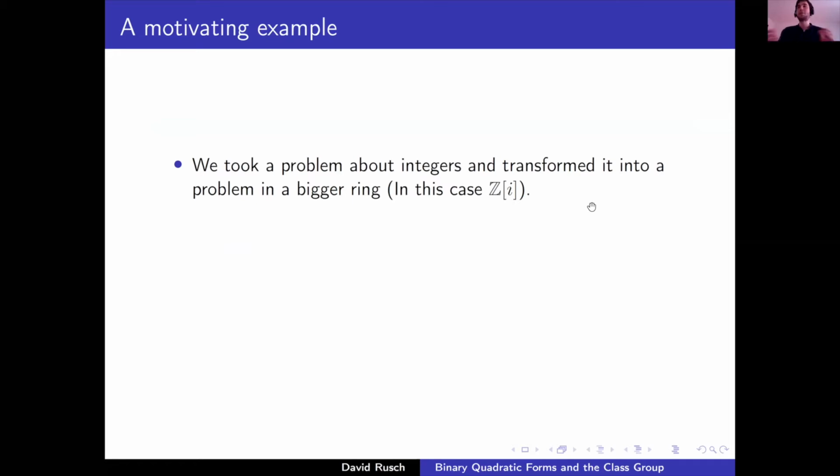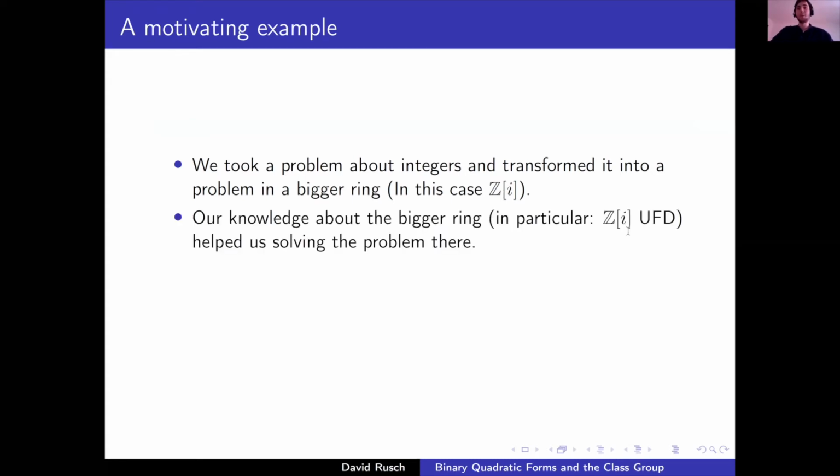Because we could factor some expressions we couldn't factor in Z. And then we knew that Z[i] is a UFD, so we have some knowledge about the bigger ring, and this knowledge helped significantly to solve the problem in the bigger ring. And in the end, we just restrict our view again to the integers, and we conclude the solutions.